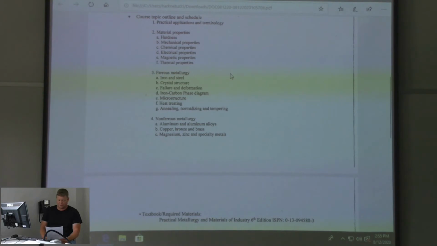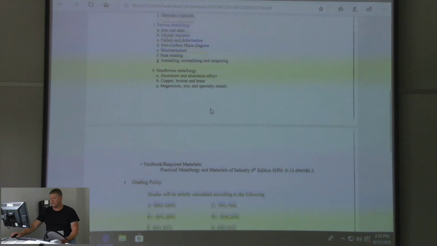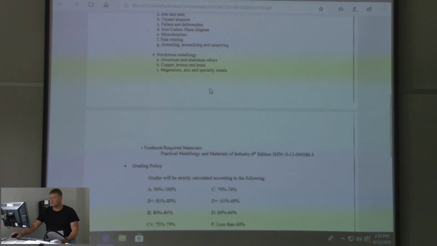Non-ferrous metallurgy: aluminum alloys, copper, bronze and brass, magnesium, zinc, specialty metals. Oh, that's it. And then we're on the second page here. Let's go back to non-ferrous real quick. Aluminum and aluminum alloys. Aluminum is getting used more and more because it's light, right? So not just for automobiles, I guess you could say.